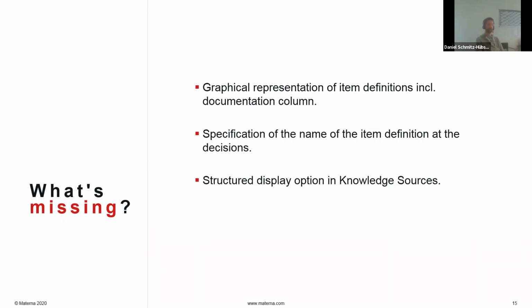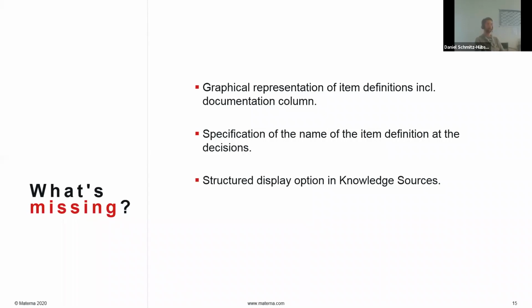And I think it's something that's also needed in BPMN diagrams with data objects. Every tool vendor has its own way to model item definitions, and especially there's also a need to document these item definitions. And therefore, in my opinion, there's a general need for a graphical description of these elements.